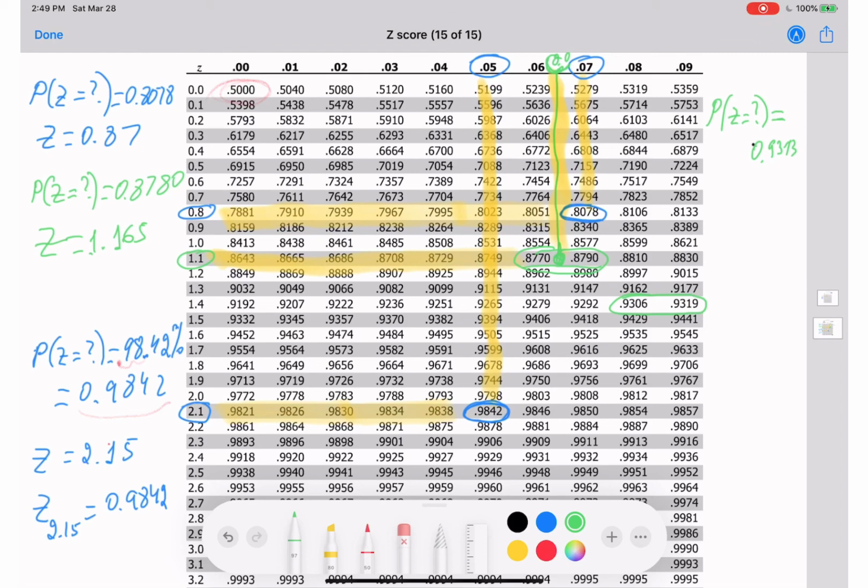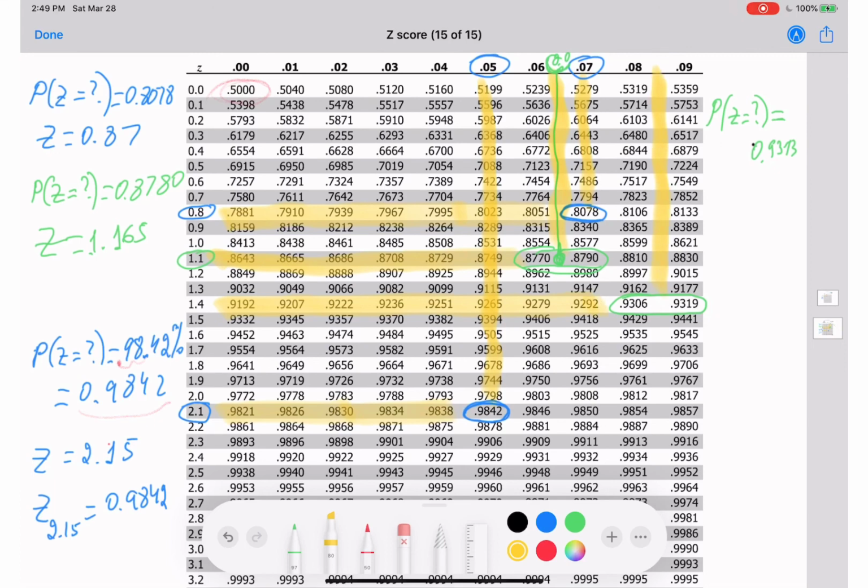So that means it's gonna come from here, and then gonna come from the middle.